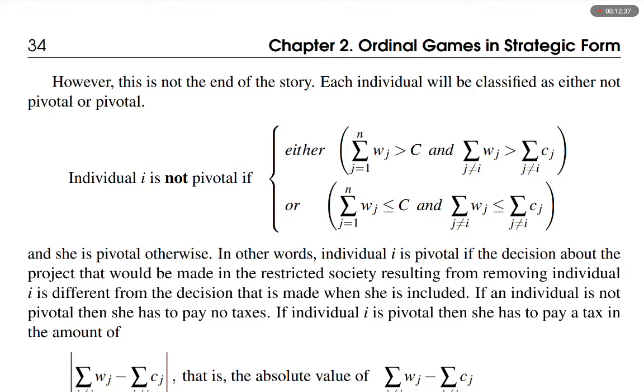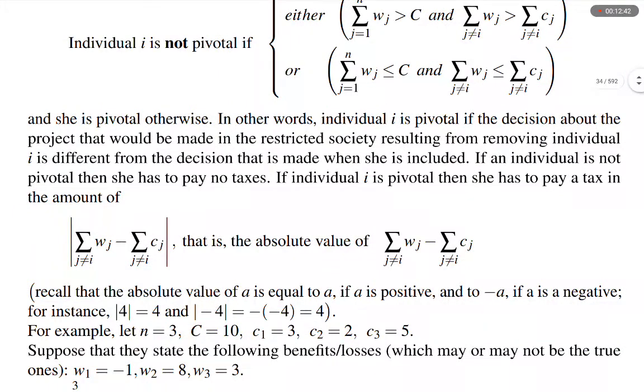If individual i is pivotal, then she has to pay a tax in the amount of the absolute value of the sum of W sub j, where j is not equal to i, minus the sum of C sub j, where j is not equal to i.